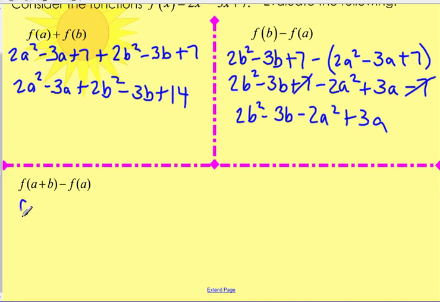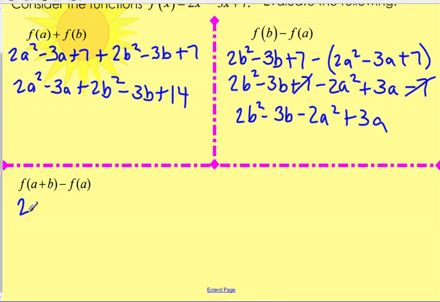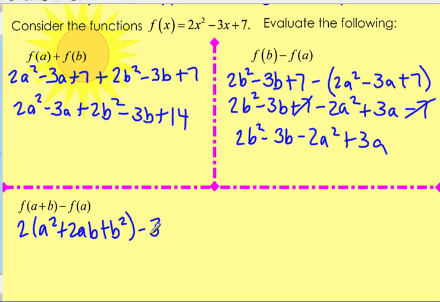We're going to have 2 times a squared plus 2ab plus b squared minus 3a minus 3b plus 7 minus parentheses 2a squared minus 3a plus 7.